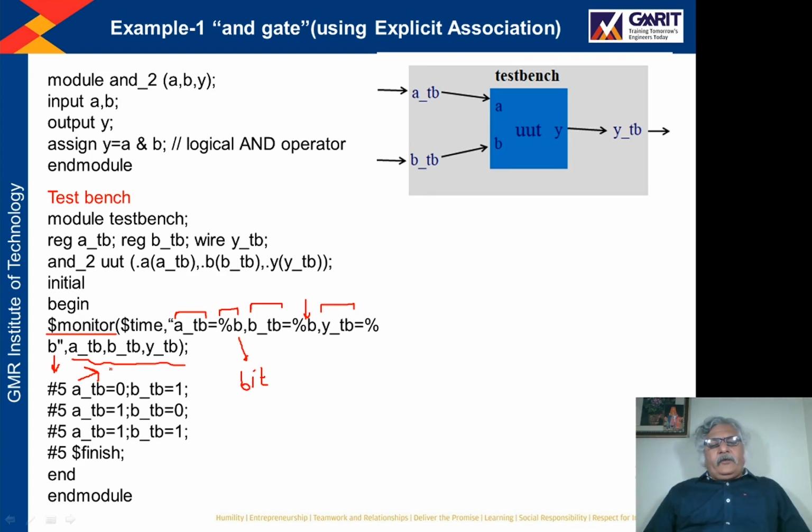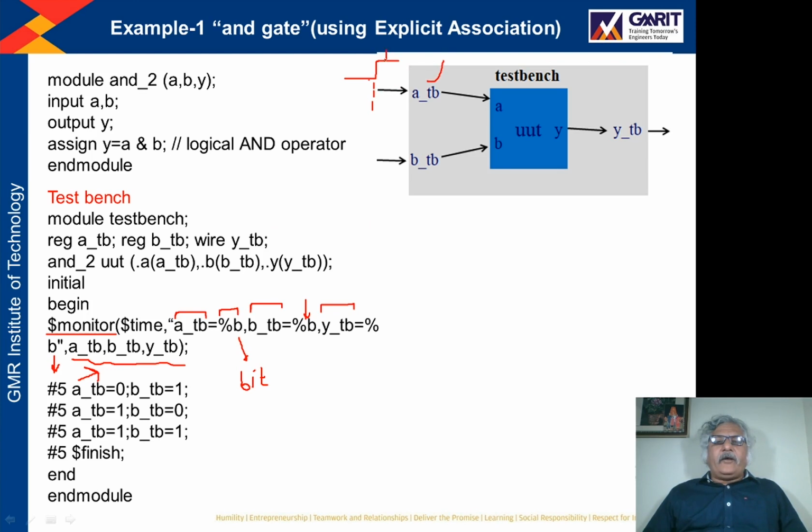So suppose a underscore tv is 0, and if this value changes to 1, at that particular time when there is an event, what are the values of a underscore tv?